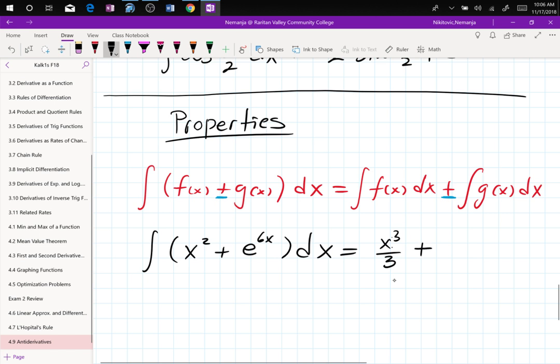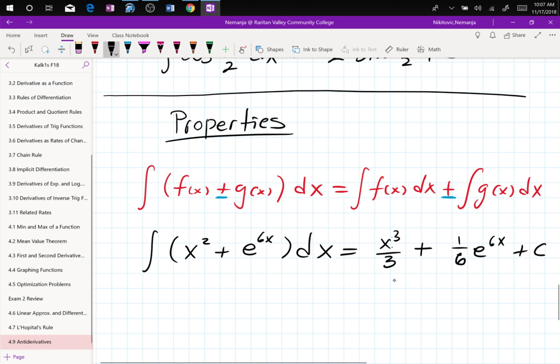Plus 1 over 6 e to the 6x, and then plus c at the end. The 1 over 6 is because it was e to the 6x. That 1 over a is the same rule for sine, cosine, and e. So all of this stuff works that way.